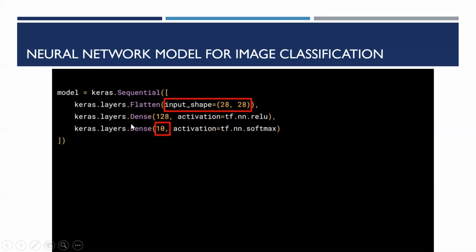So you just need to understand that you have given the input as a flattened input, and then you have a layer of 128 neurons, and the input is passed on to that.